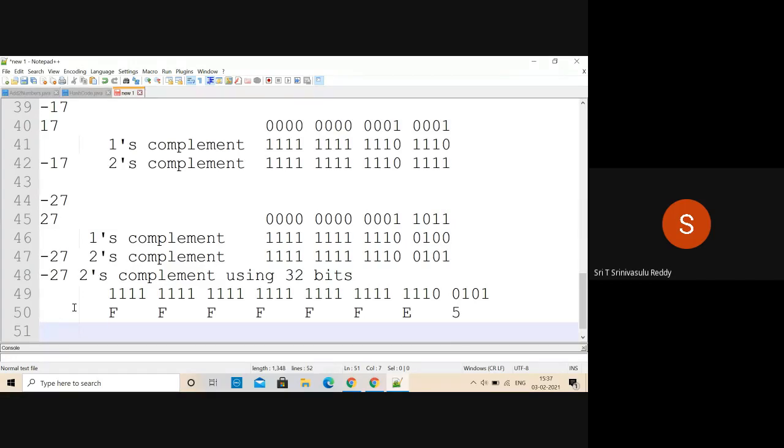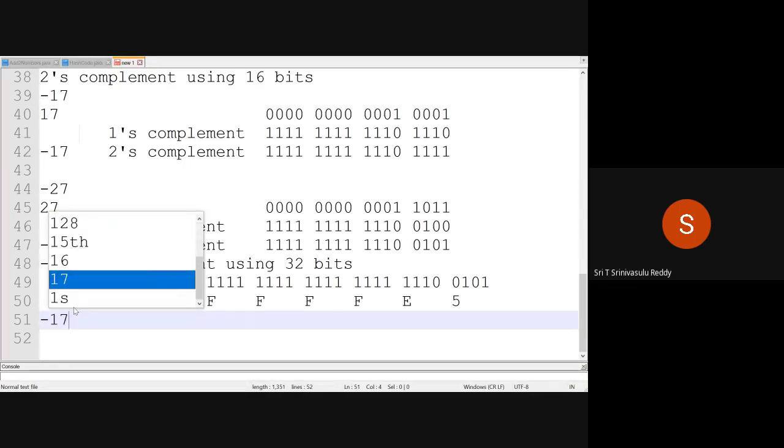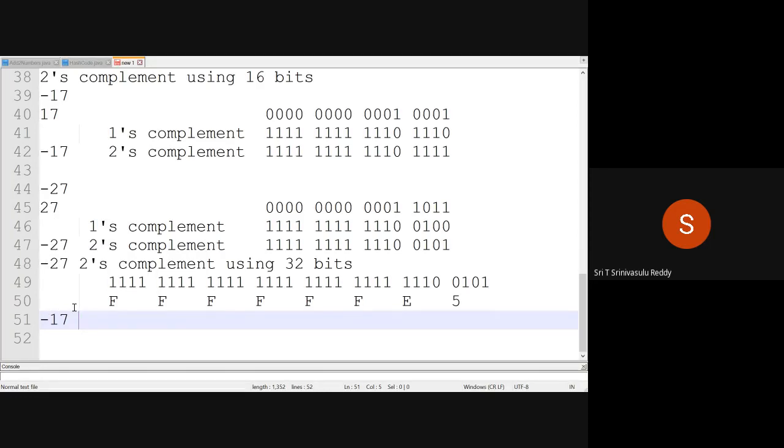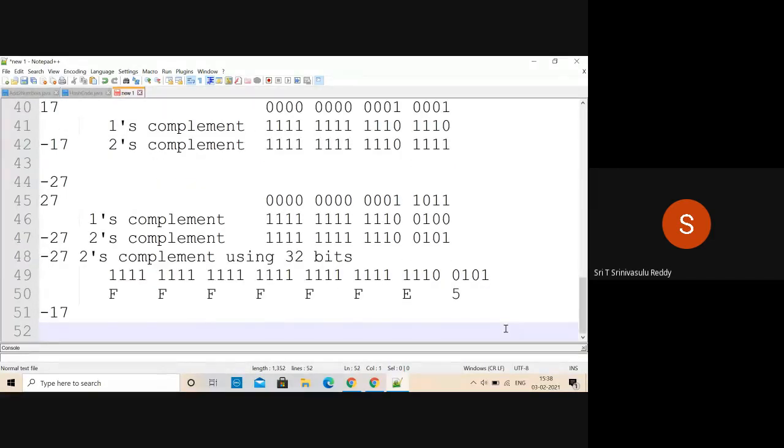How is minus 17, for example, going to be represented? So minus 17 using two's complement notation, using 32 bits.